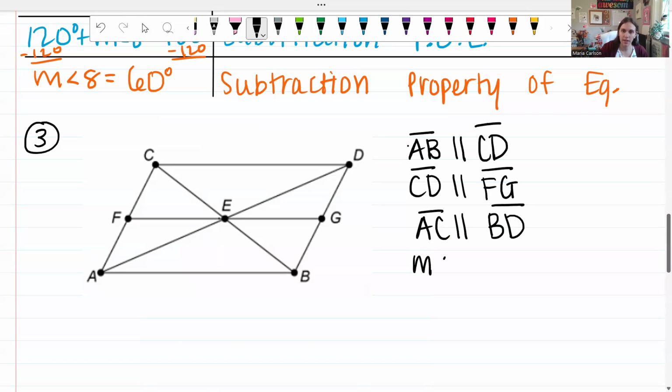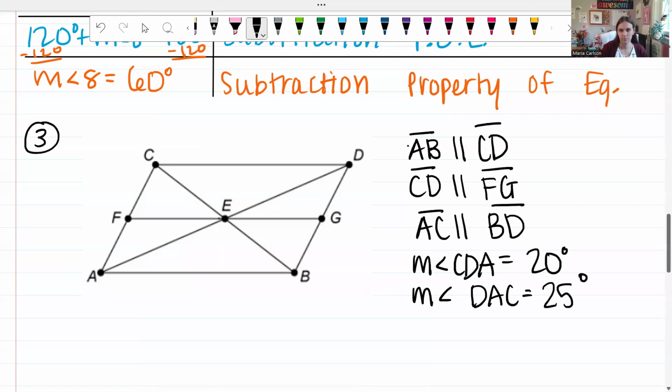The measure of angle CDA is 20 degrees, and the measure of angle DAC is 25. We are going to find the measure of angle FGB.